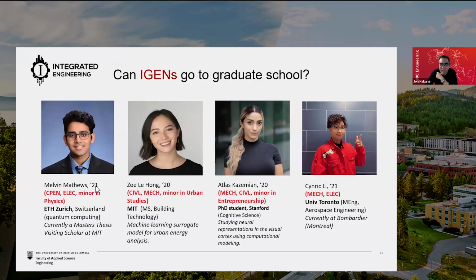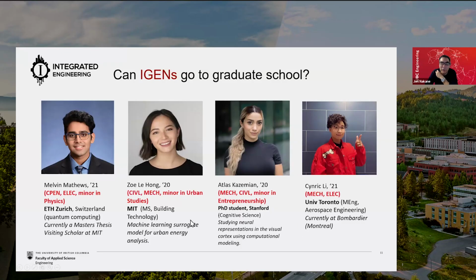Same thing with grad studies. The last slide I'll show is just that people ask about grad studies. Absolutely. You can look at the names, the year of graduation, and the courses. Then you can look to see where they ended up as graduate students for their master's degrees or their PhDs. Some of the biggest names across the world, and also the kinds of degrees that they got and what they studied.